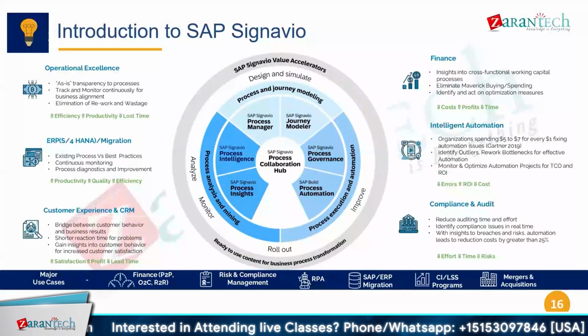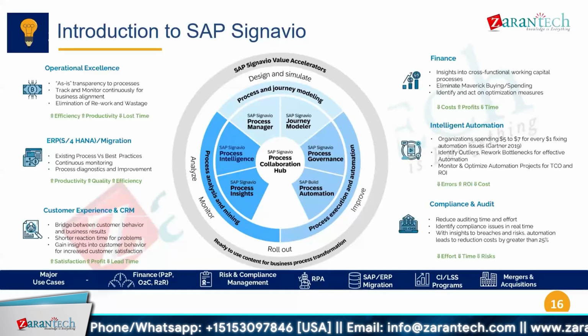These are the 6 major modules. But apart from that, there is one more module which is key to the overall wheel. If you can see, this is also the icon of a key, where we have the Process Collaboration Hub in the middle. It will help you to unlock the performance of all these other 6 modules.